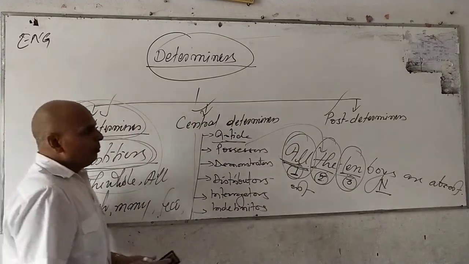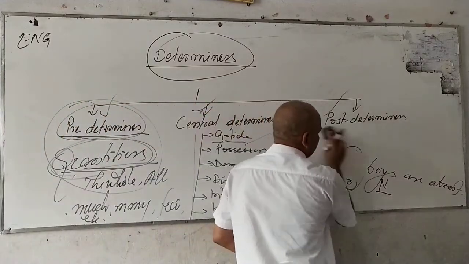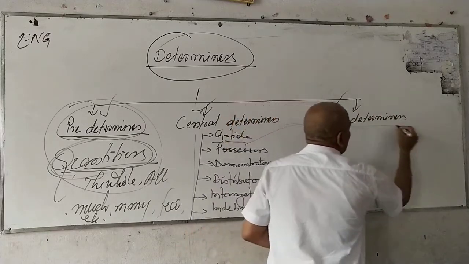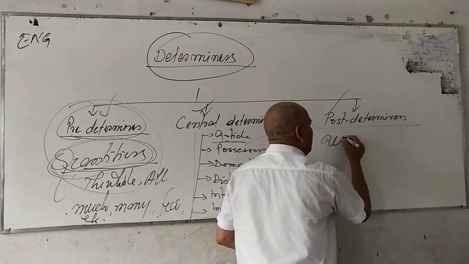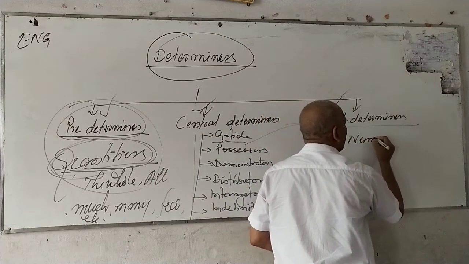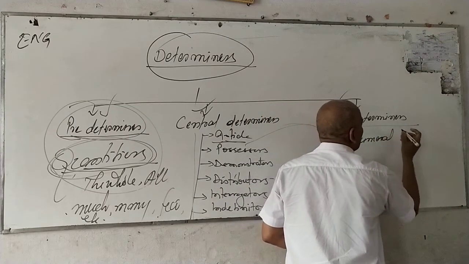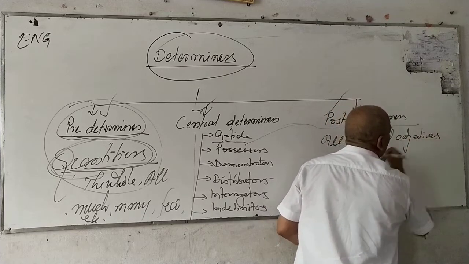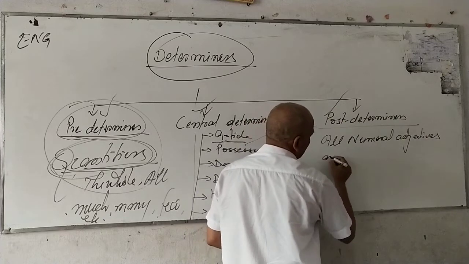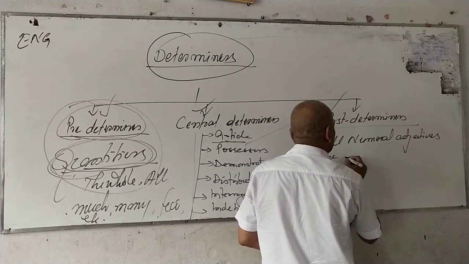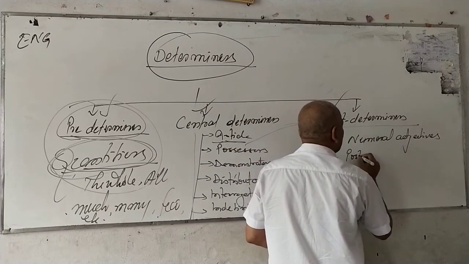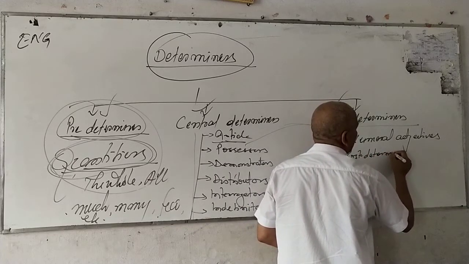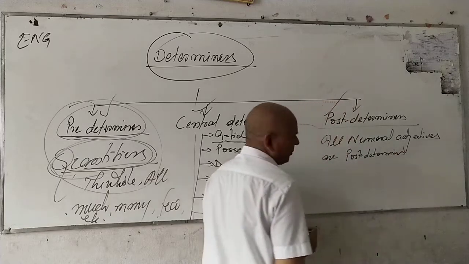Now come to the post determiner. All numeral adjectives are post determiners.